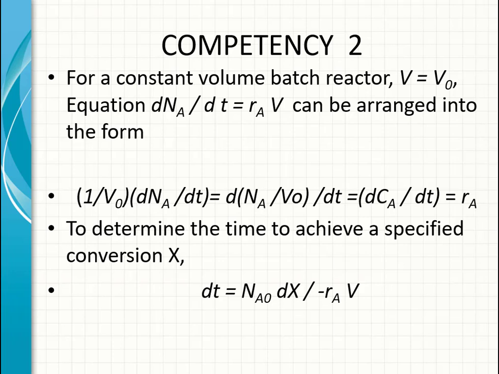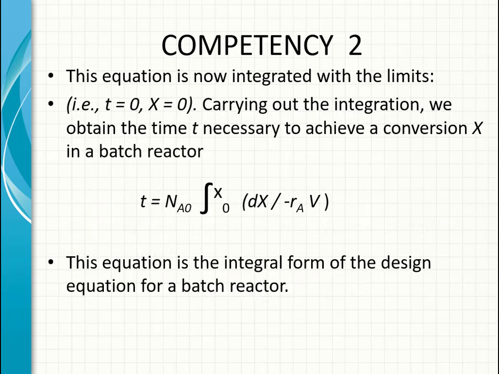So, to determine the time to achieve a specified conversion X, we will have that dt is equal to Na0 times dX divided by minus Ra times the volume V. This equation is now integrated with the limits that at time t equals 0, the conversion X is equal to 0.